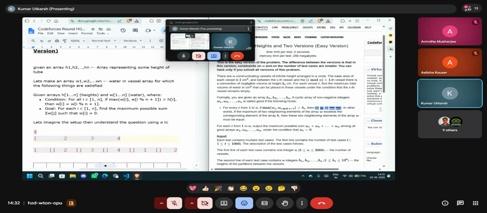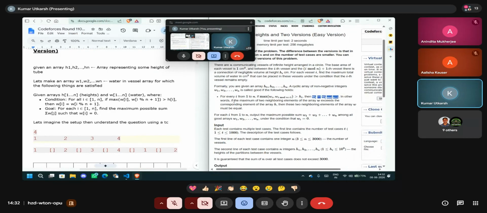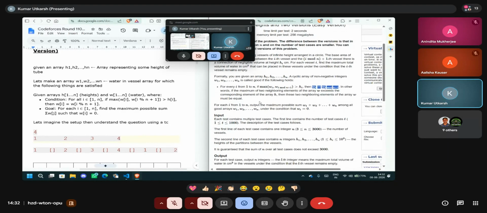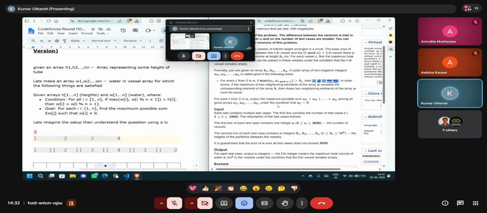That is, they both will decrease to the lower amongst them, right? That is, if the maximum of two neighboring elements of the array W exceeds the corresponding element of the array H, then these two neighboring elements of the array W must be equal.